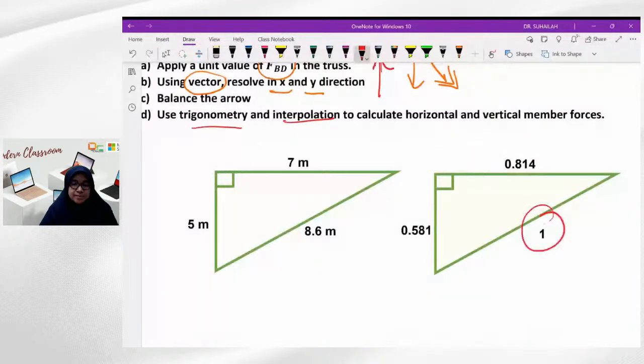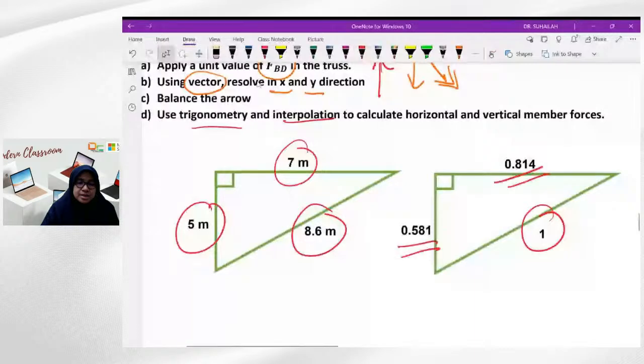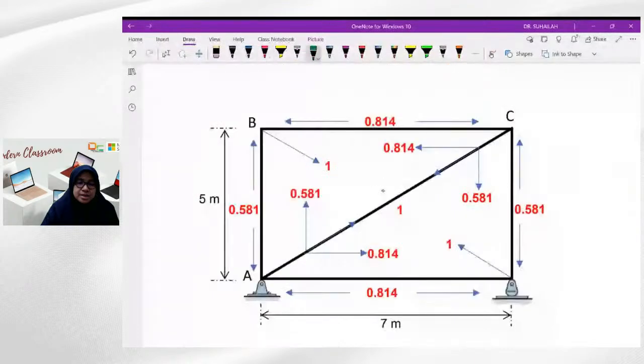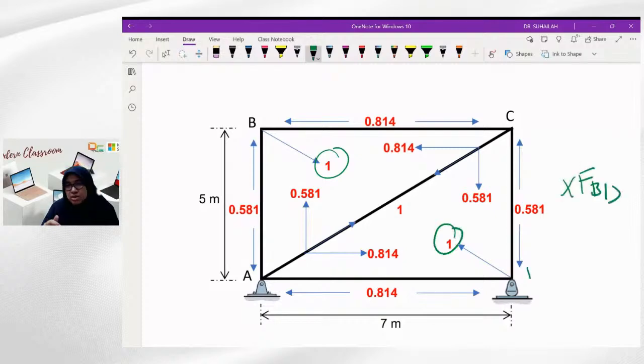Due to a unit value, using this trigonometry, we find this value and this value. So this is the truss.